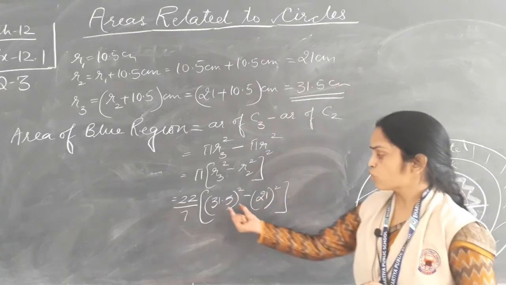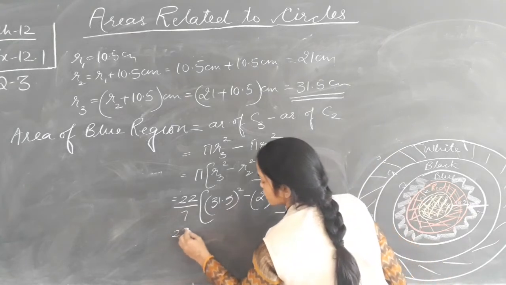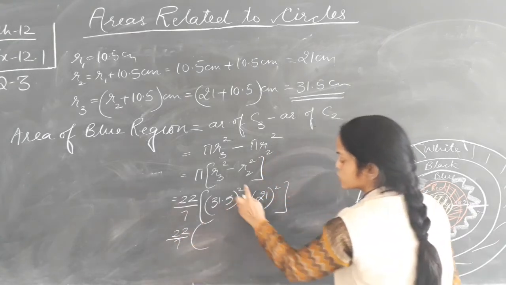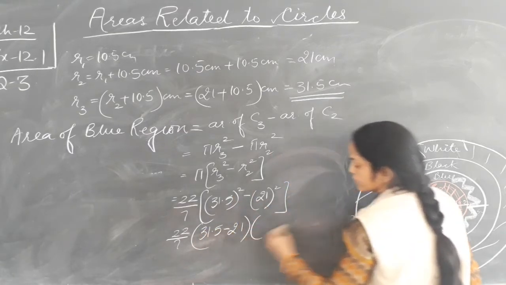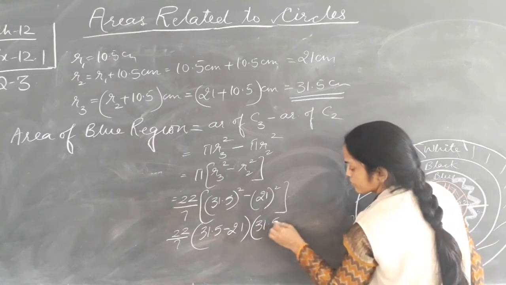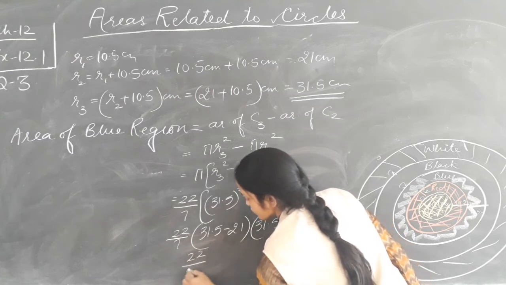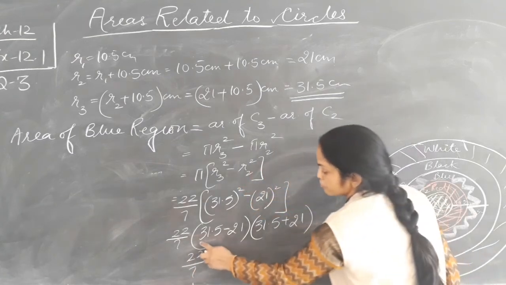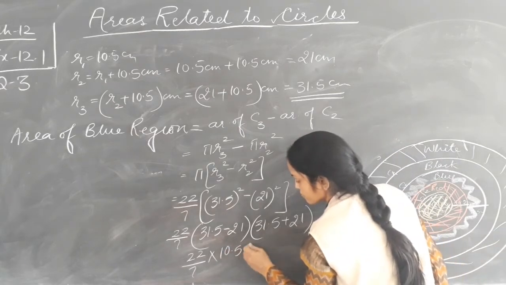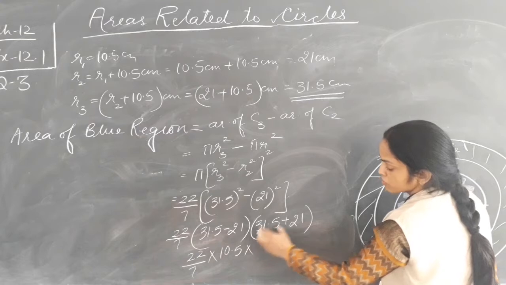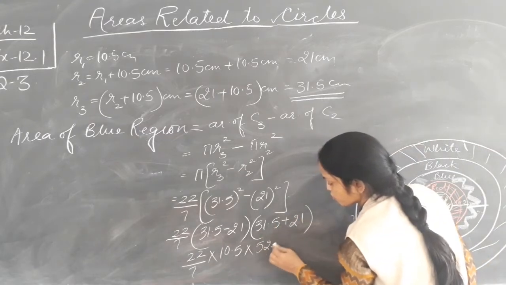Now again I think we should go with the a square minus b square formula to reduce calculation. So 22/7, and here I am applying a square minus b square, a minus b into a plus b. Now solve it. 22/7 multiplied by 31.5 minus 21, which gives 10.5, multiplied by 31.5 plus 21, which gives 52.5.